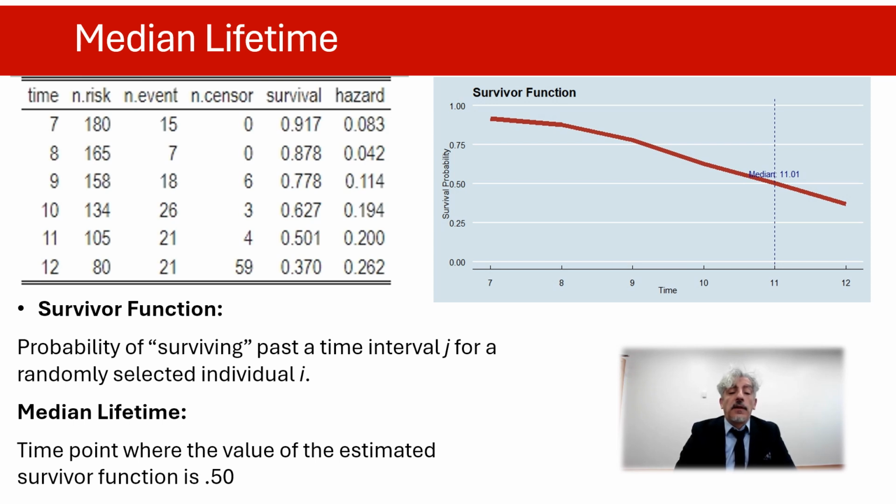In cases like this one, where the time measure is discrete, the method used to estimate the median lifetime is interpolation, and you can find details in references and the supporting material for this resource. So here the median lifetime is 11.01. So by the start of year 11, roughly 16 to 17 years of age, half of the adolescents in this sample have initiated sexual intercourse, while half of them have not yet done so.